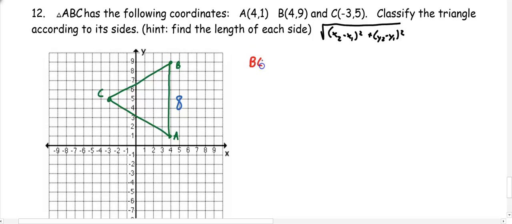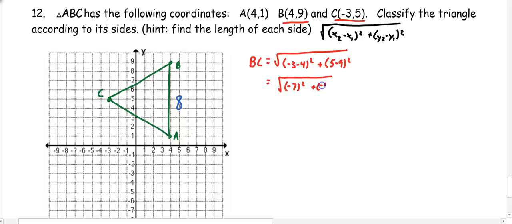So first I'm going to find BC. Using those coordinates for BC, I have -3 minus 4 squared plus 5 minus 9 squared. Make sure when they're negative numbers, you leave them in parentheses. So I have -7 squared plus -4 squared.